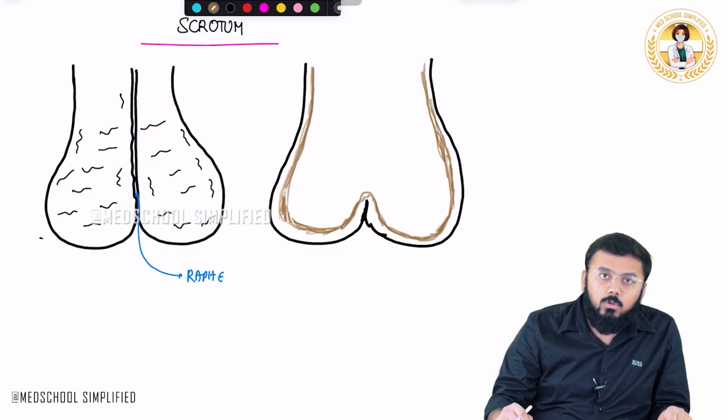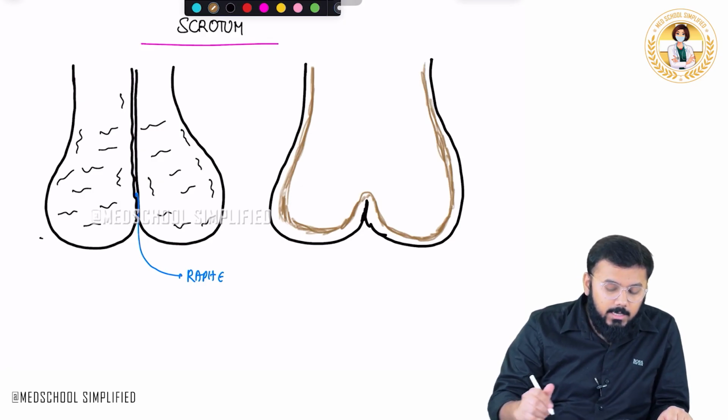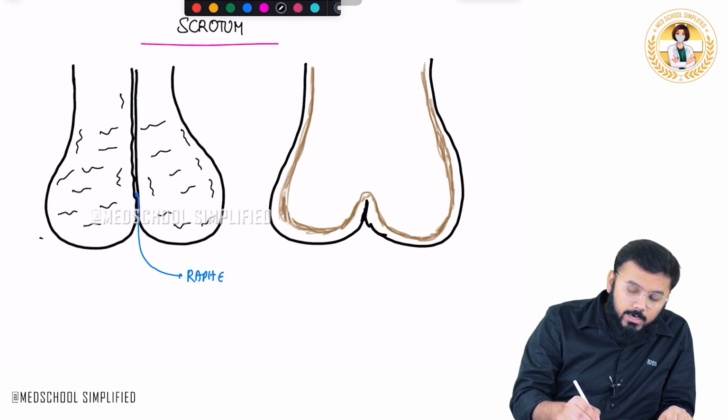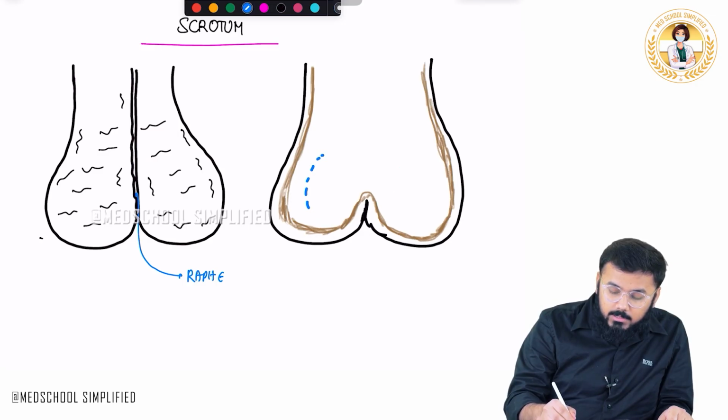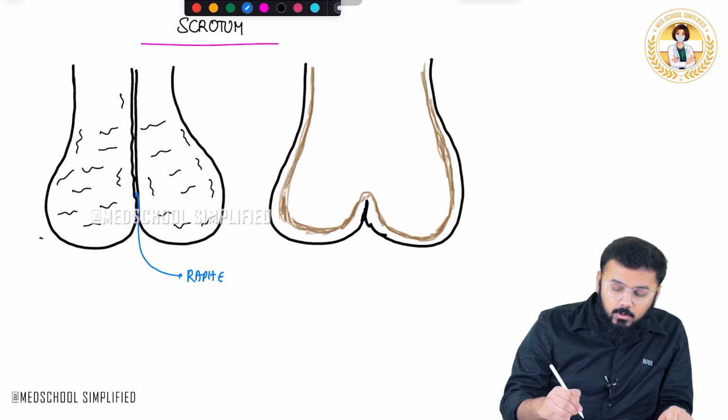Now why is this Dartos muscle really needed? You know that you have the testis in the center over here. So these are your testis like this, right? Now I am rubbing this testis, so you understand where your testis are located.